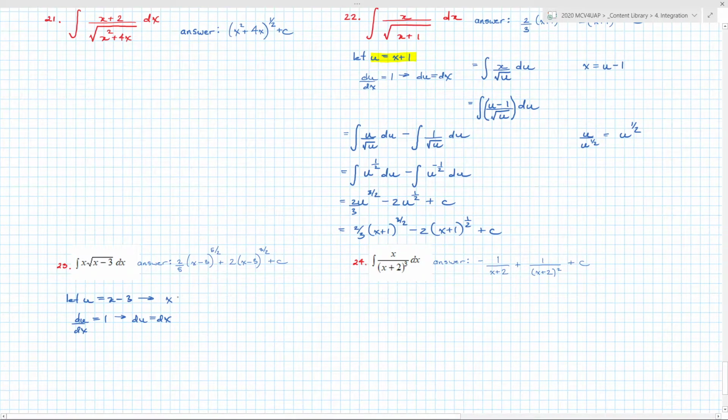Okay, so I'm going to use this for x. x is equal to u plus 3. x minus 3 is just equal to u, and then dx is equal to du, and that would convert my integral into everything in terms of u. So my integral now would be u plus 3, that's my x, multiplied by the square root of u times du.